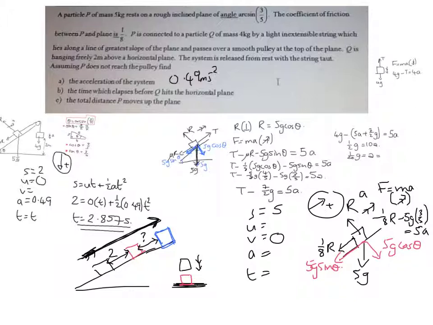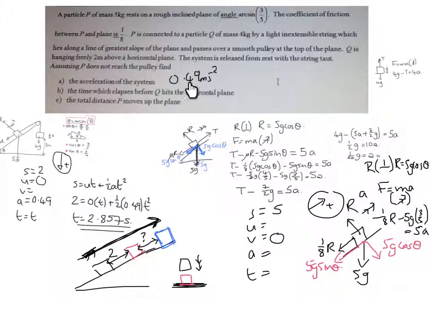And we know what R is because, resolving perpendicular to the plane, R equals 5g cosine theta. So putting R is 5g cosine theta into here, and then solving this, we get a for the period of time that the particle P is moving without being pulled.